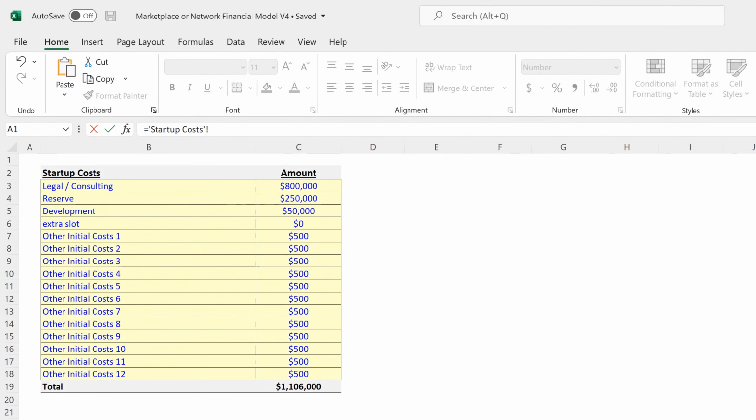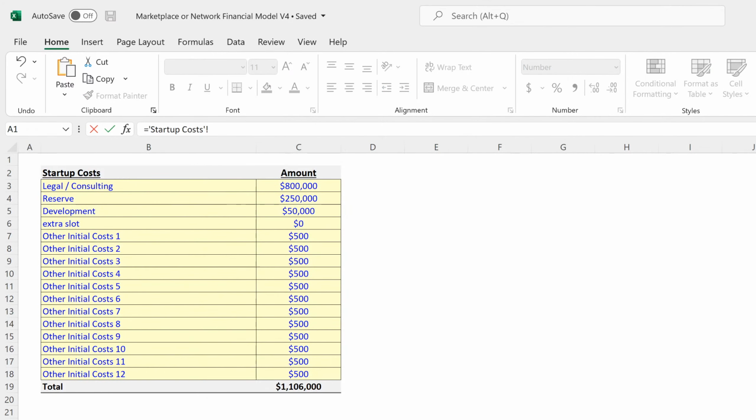So we're getting 323,527. This is 324. Difference of the startup cost amount because that's not included in this. It's included in cash flow though.